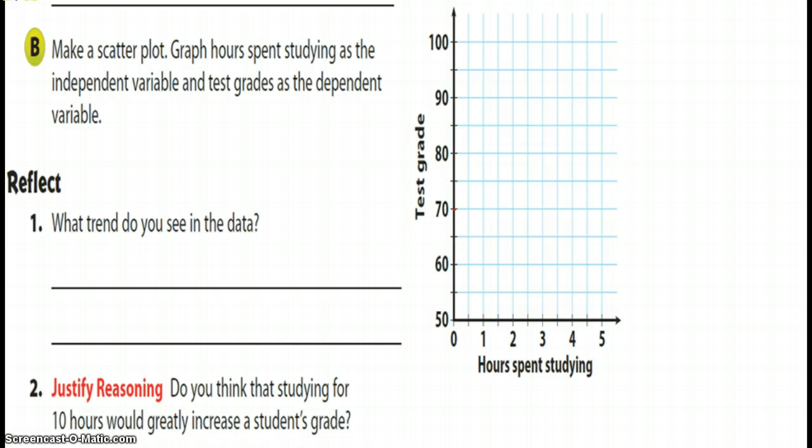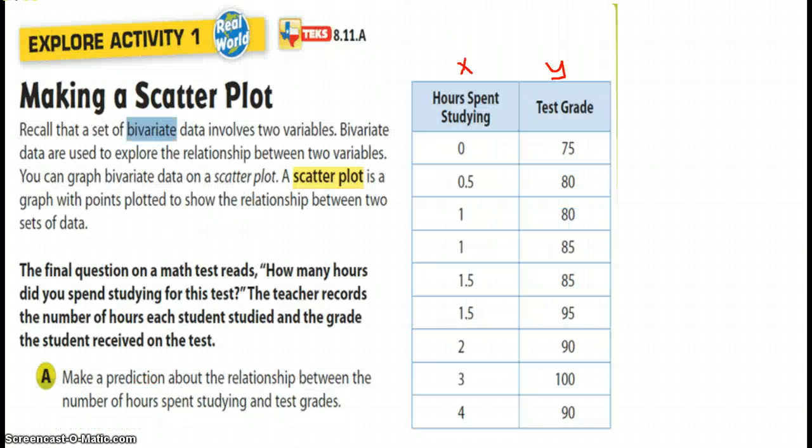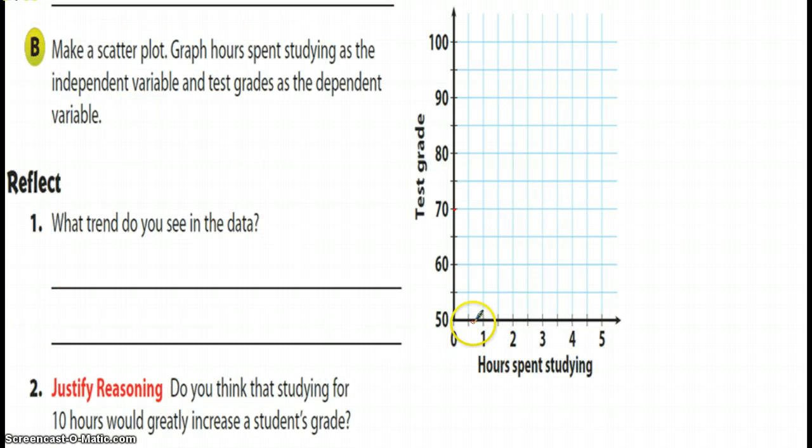And 0.5 and 80, I'll just do a couple for you. So here, if you look at your increments, this is 0.5, 1, 1.5, and 2, and so on. So the increments are going by 0.5. So you go over to 0.5 on the x-axis and go up to 80 right here, and put your next point.